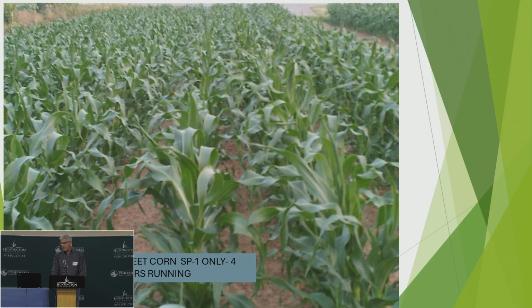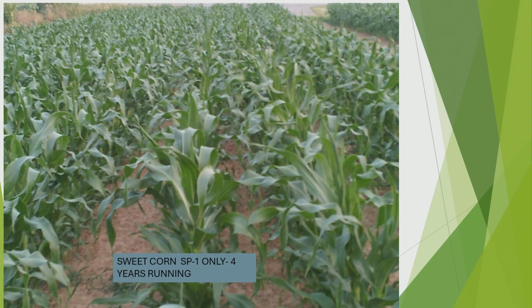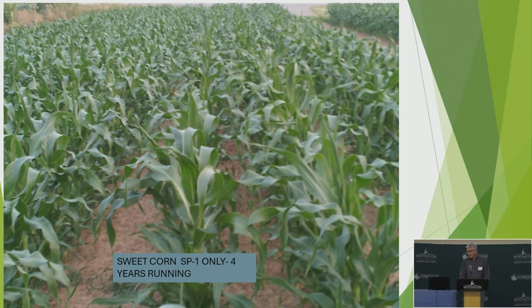This is a picture of one of our dealers, Ray Rutger, in southern Indiana down at Boonville, on his own farm there growing sweet corn. Ray passed away several years ago, but this is the 5th year he grew sweet corn in the same spot, and the only thing he put on was SP1 and a little bit of molasses.